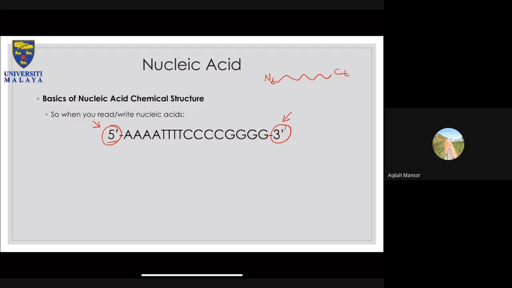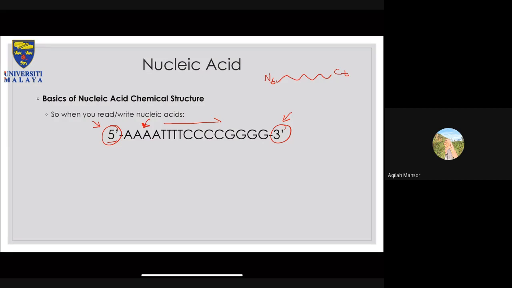Okay, and the difference between these two is that in biology, synthesis starts from the 5' end towards the 3' end. Okay, so this is how, when we are copying from DNA to RNA, it always moves from the 5' end to the 3' end.